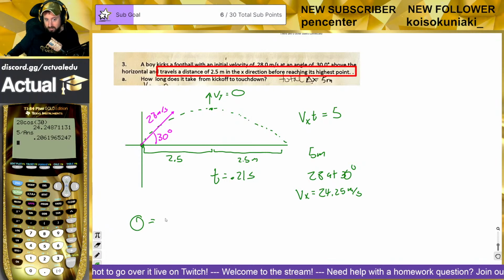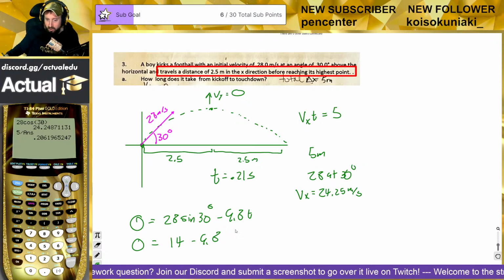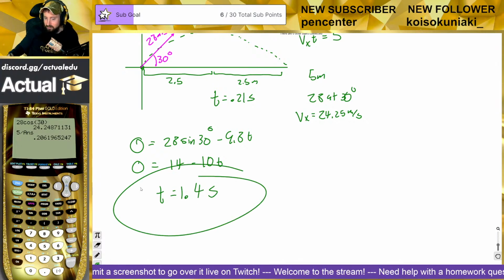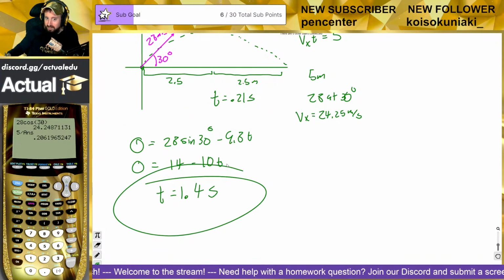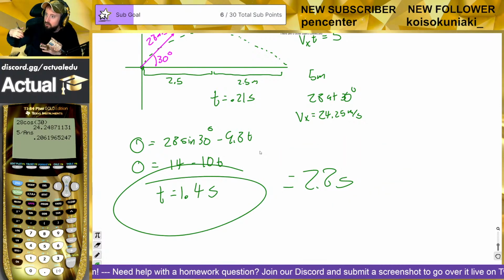So 0 is equal to 28 sine of 30 minus 9.8 t. This ends up getting that 0 is equal to 14 minus 9.8 t. Let's just call this 10, just to be nice. And so you get that t is equal to 1.4 seconds. So it does not hang in the air for 0.21 seconds. It hangs in the air for at least 2.8 seconds. And so these answers conflict with each other.